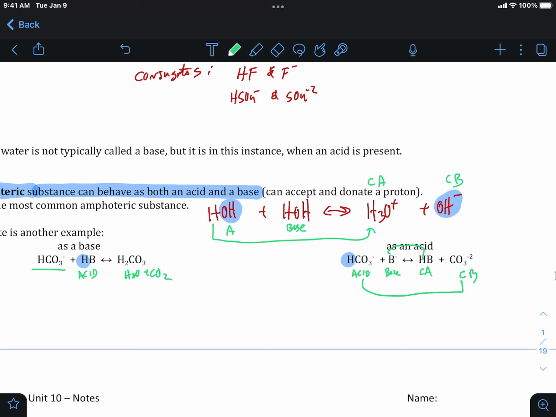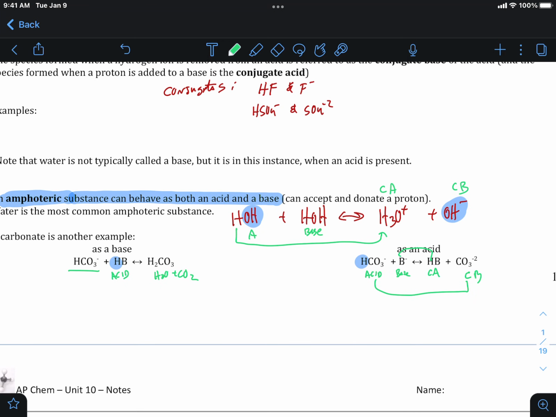I'm sorry, if it's acting as the acid, it donates its H plus. The point is, either the acid or the base is neutralized, right? Bicarbonate does this much better than water, so we can't neutralize an acid by throwing water on it, right? But bicarbonate is perfectly suited to do this.